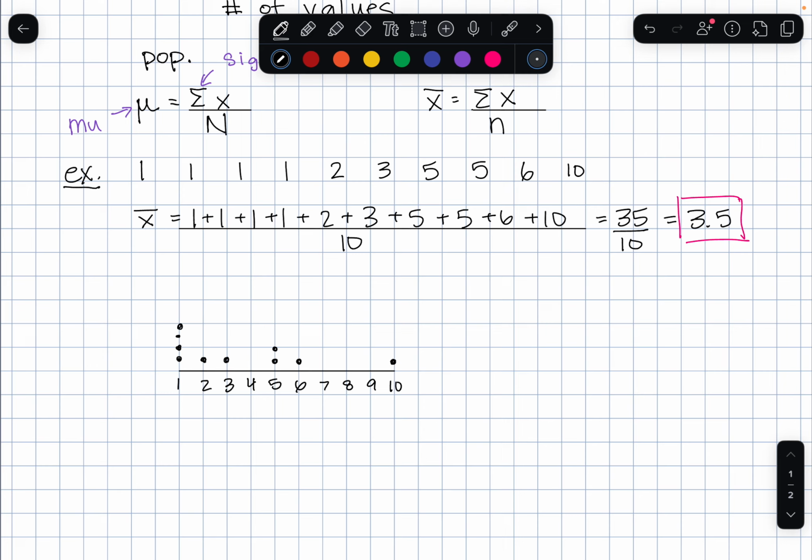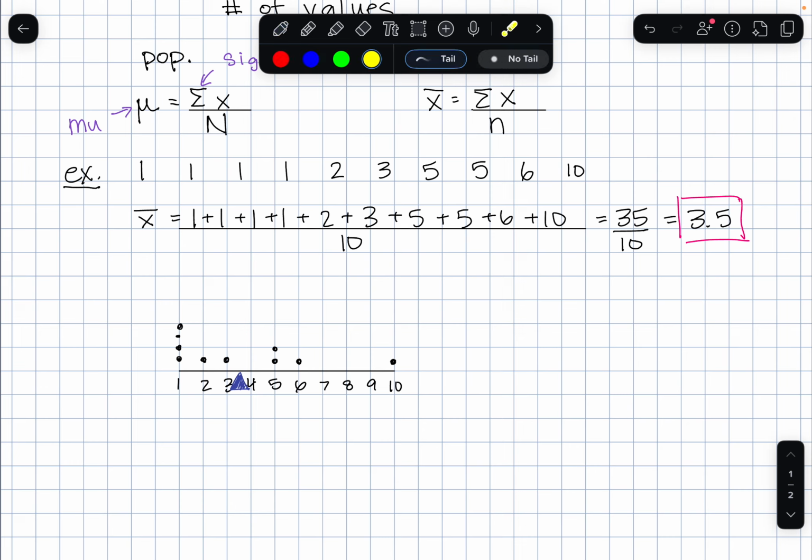And I want to put the little pivot underneath my seesaw, and I want it to be perfectly balanced. What the mean is telling me is where I should put that pivot. And it's saying if I want this beam to be perfectly balanced, I should put my pivot for this seesaw at 3.5. If I put the pivot there, the left and right sides will stay balanced and it will not tilt in either direction.